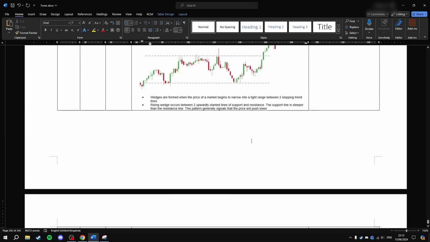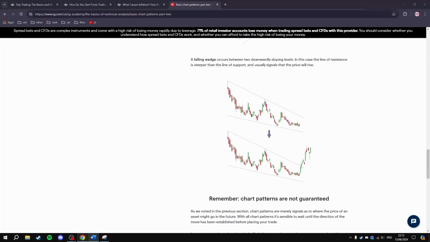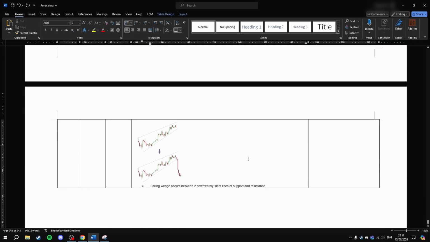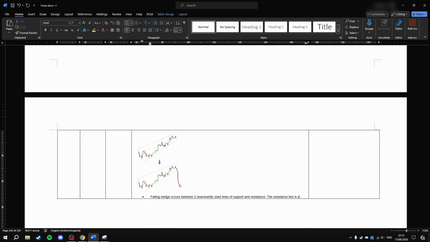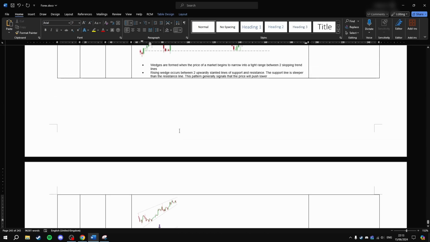I think in this case the resistance line is going to be steeper than the support line.